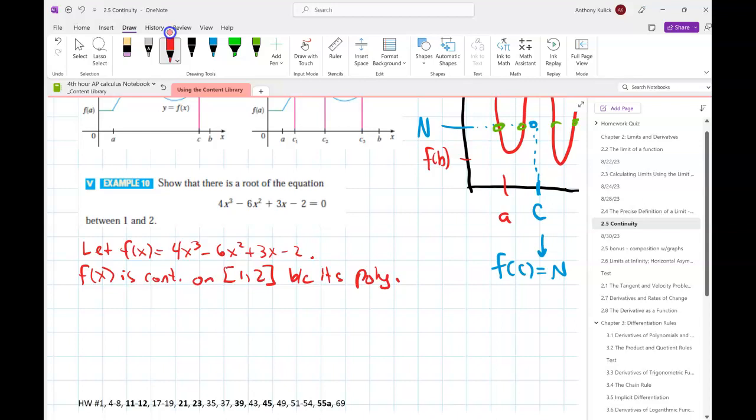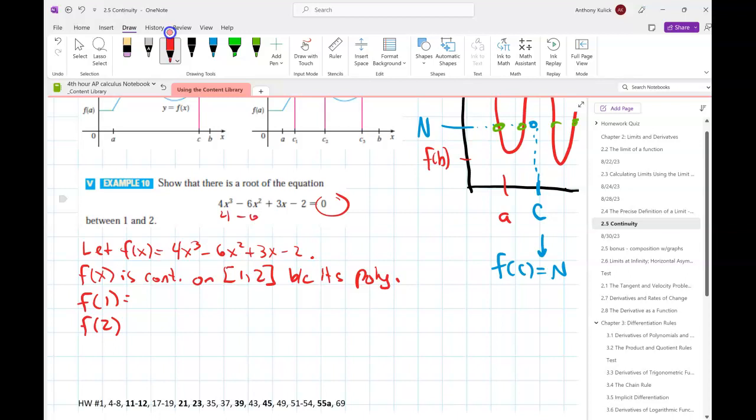Okay, so what I want to do is find two y values where 0 is in between them. So I'm going to track the endpoints of my interval, f of 1 and f of 2. Let's see, what's f of 1?